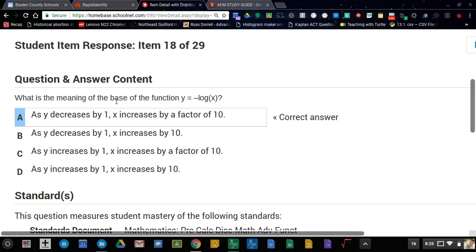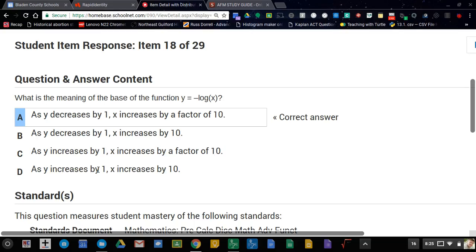So what is the meaning of the base of the function y equals negative log of x? And that is a common log, and a common log has what base? 10. Okay. So it says as y decreases by 1, x increases by a factor of 10. As y increases by 1, x increases by a factor of 10.